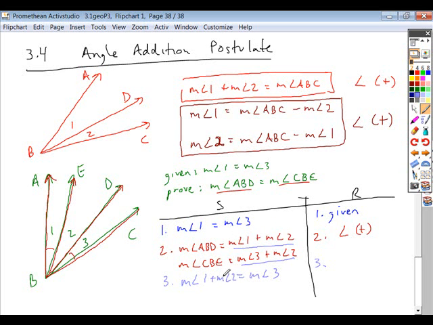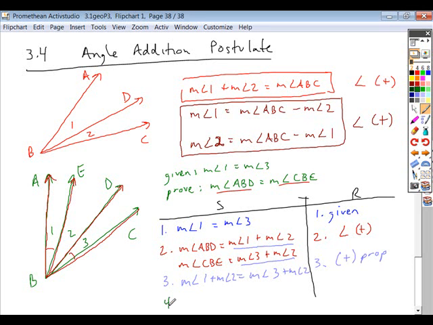And if I add angle 2 to one side of my equation, I have to add its equivalent to the other side. So the equivalent is either angle 2 or anything that's set equal to angle 2. Well, which one do we need in order to create this statement here? We can just do angle 2. We can add angle 2 directly to both sides. When you add something to both sides of an equation, that's simply the addition property.